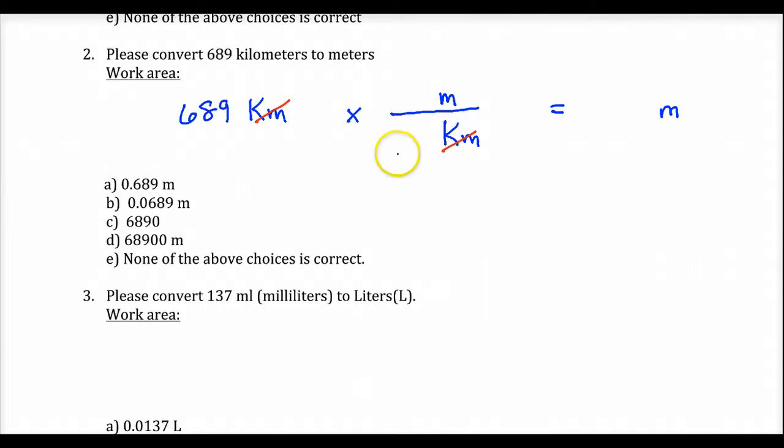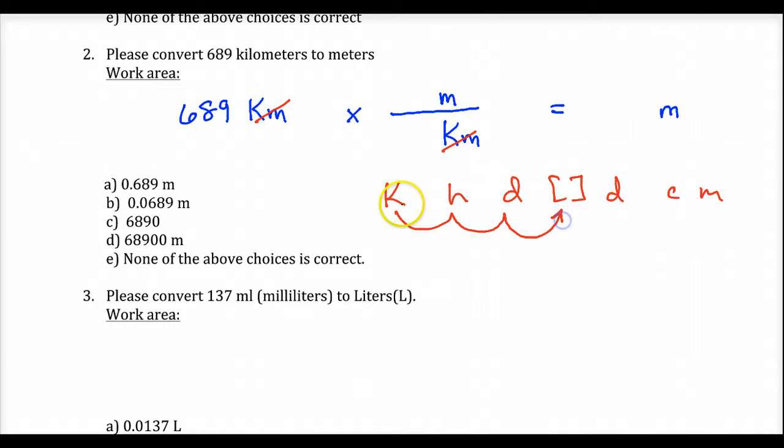Now the question is, how does a kilometer differ from a meter? Well, King Henry died drinking chocolate milk. Of course, this is where the meter would go, and a kilometer differs by 1,000 times. By the way, kilo in your reference table, table C, tells you it's 10 to the 3, which is equal to 3 zeros, 1,000.